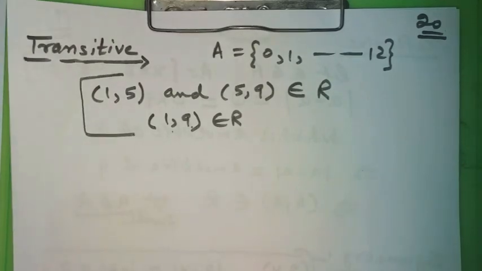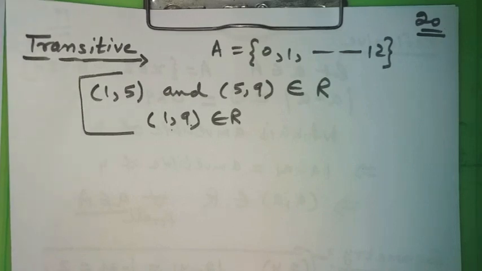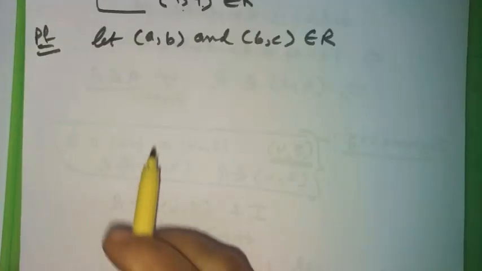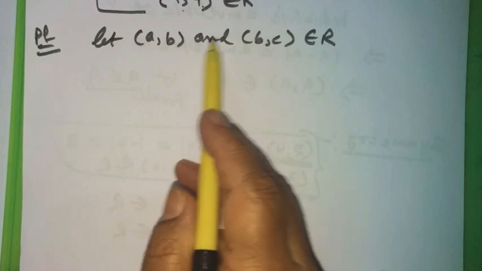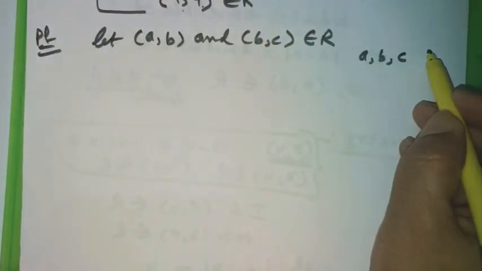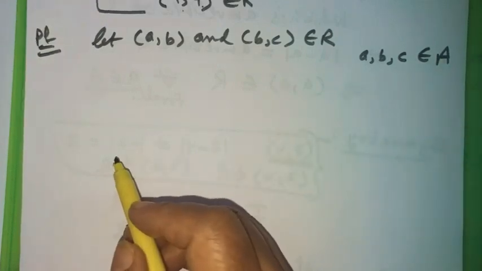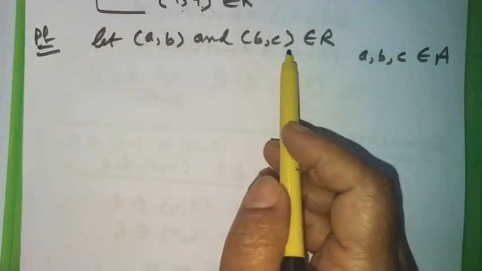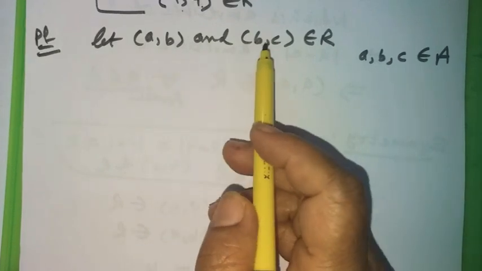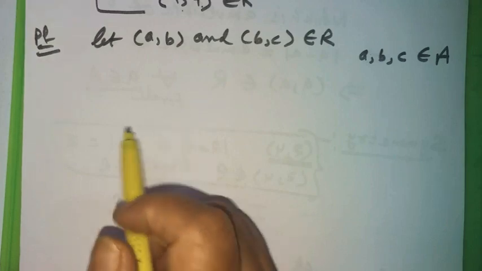Now I have to proceed to give a general proof. Let two ordered pairs AB and BC belong to R, where A, B, C are the elements of the base set. So I have taken general numbers. That means if this is true for any general numbers, then it is true for any possible ordered pair.